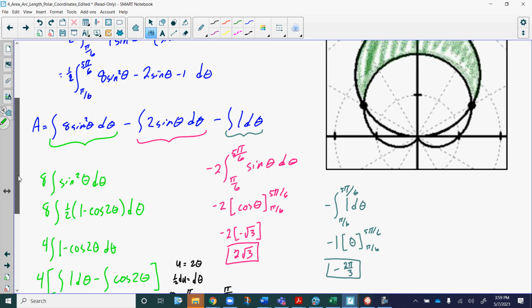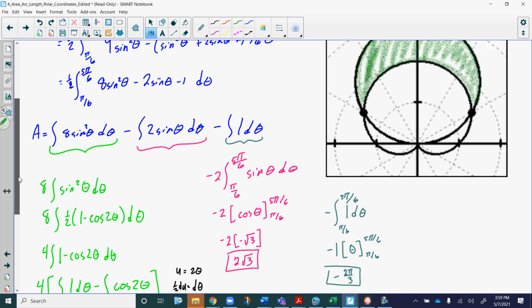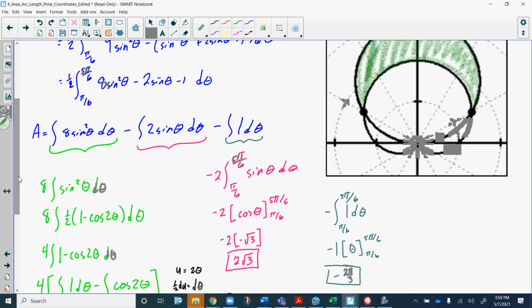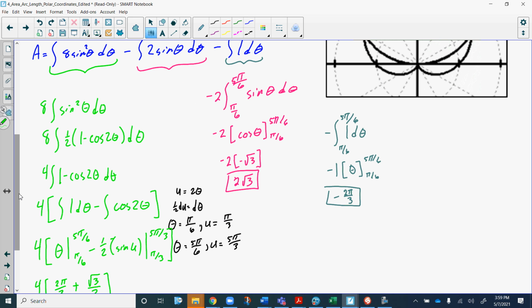If I take just the 8 sine squared of theta, and I look at that one as its own definite integral, and forgive me, I got lazy with writing the definite integral from pi over 6 to 5 pi over 6.